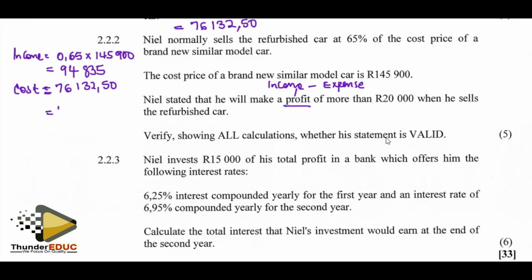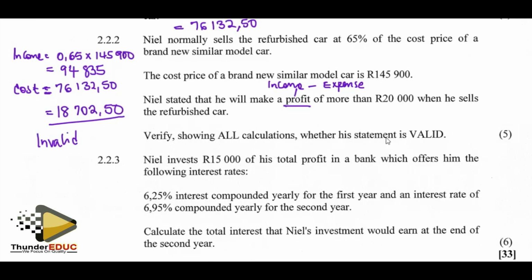So the value that they get is 18,000. So okay, more than. So the statement becomes what? Invalid. It's not more than 20,000.